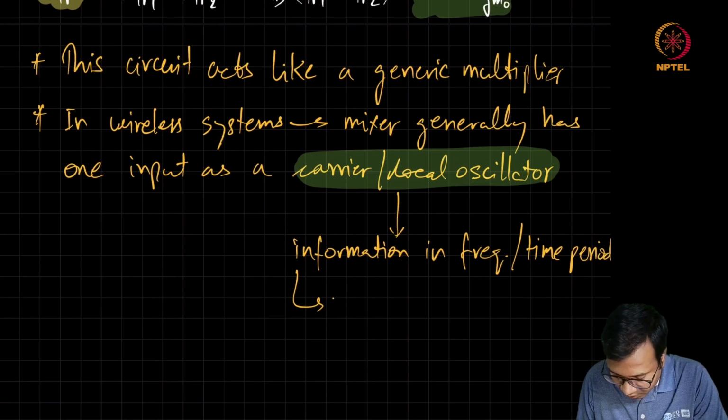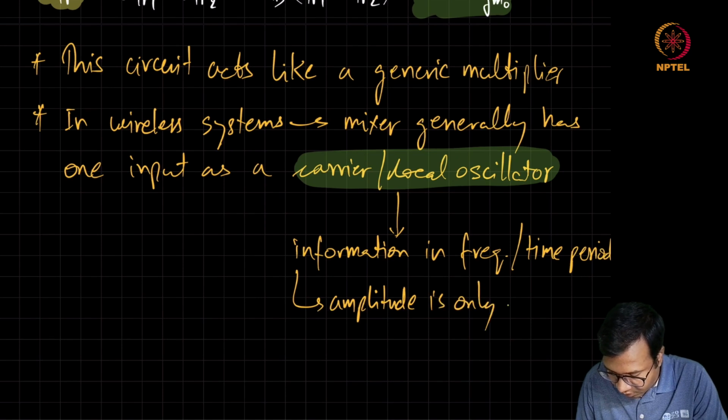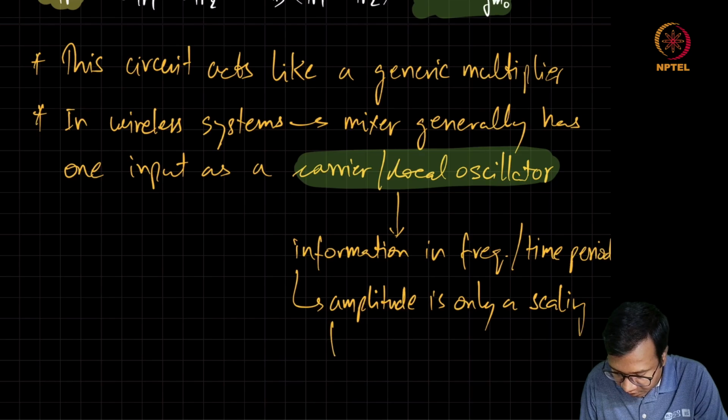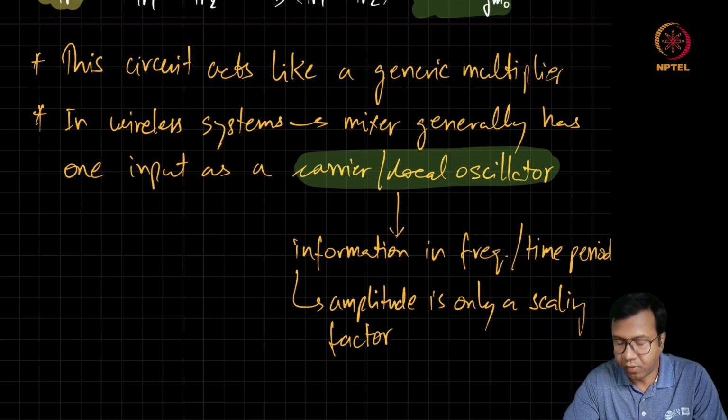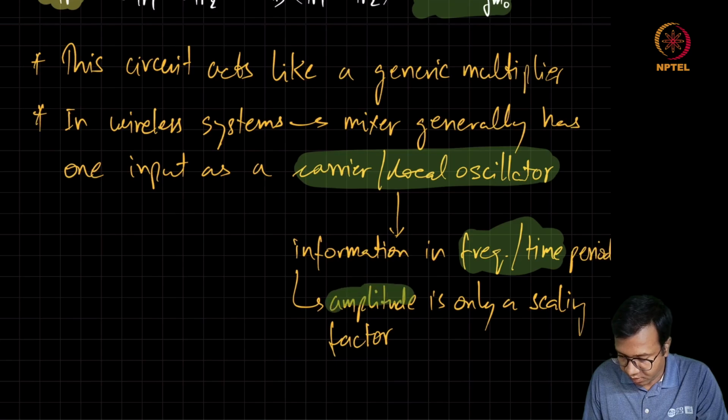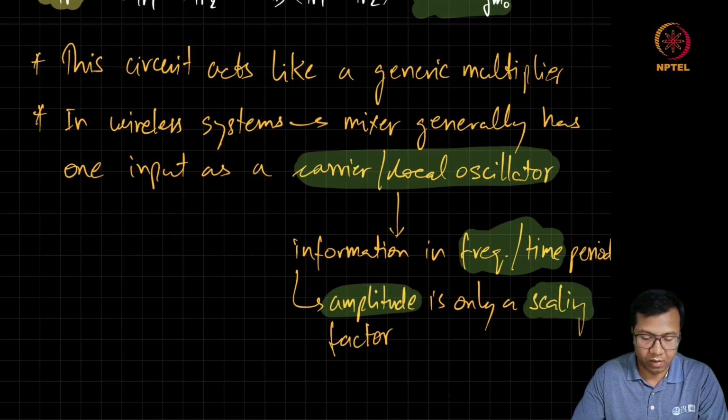And the amplitude is only a scaling factor. So higher the amplitude, higher will be the output product, but it is not going to contain any useful information. So the amplitude is the scaling factor.